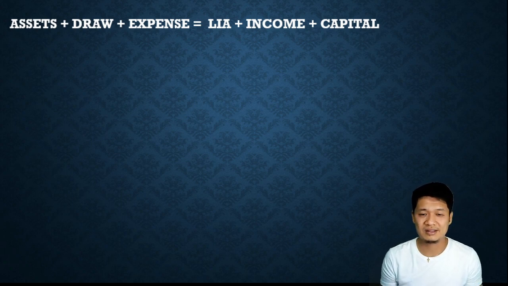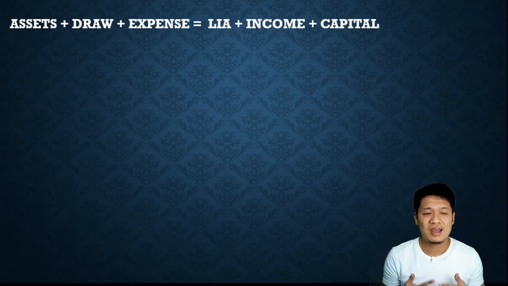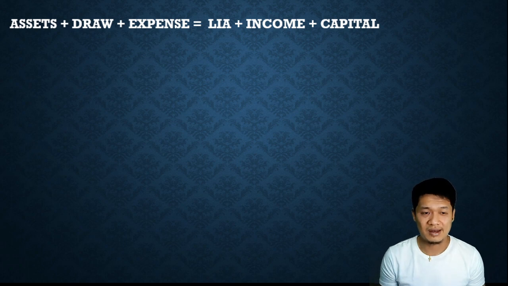We eliminate all the negative sign. Ang natira na lang ngayon ay mga positive sign. Ito na yung pinakabago nating expanded accounting equation. So we have assets plus drawing plus expense is equal to liability plus income plus capital.